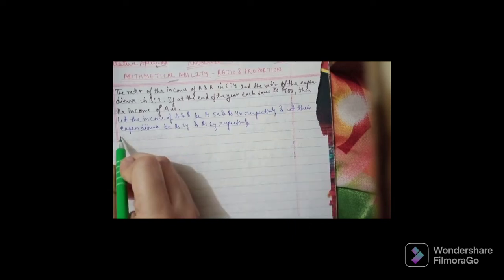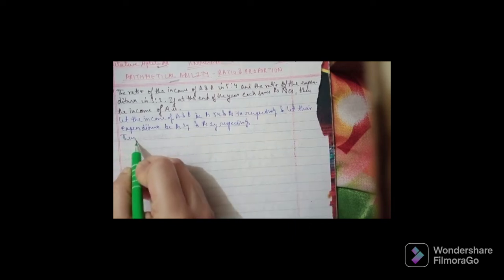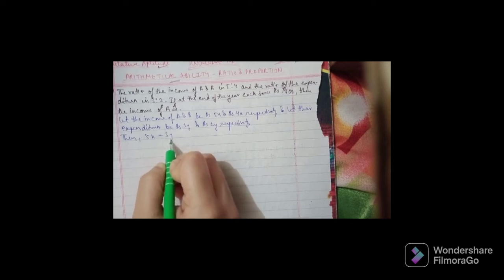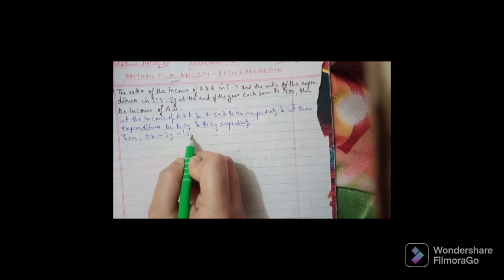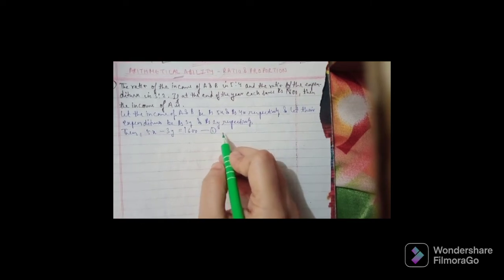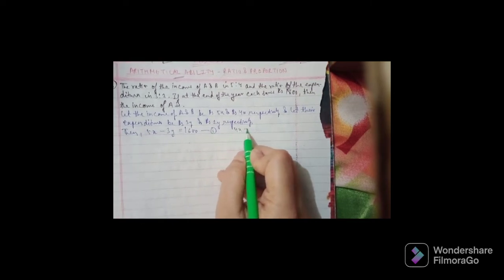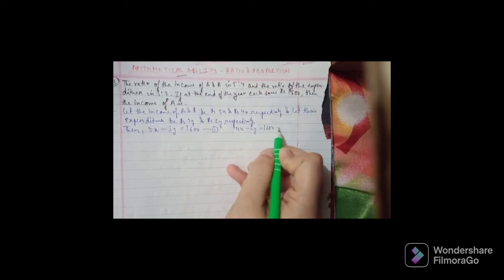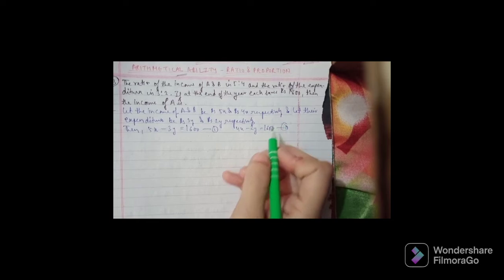Then 5x minus 3y equals 1600. This is the first equation. And 4x minus 2y equals 1600. This is the second equation.